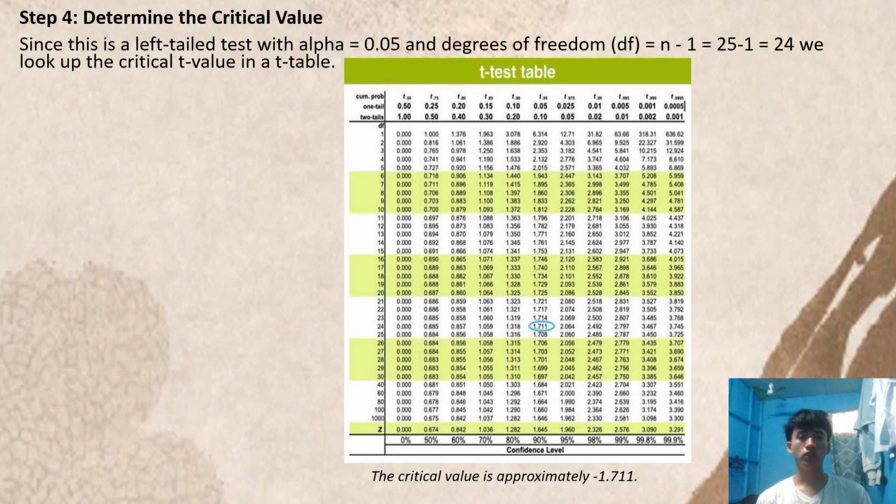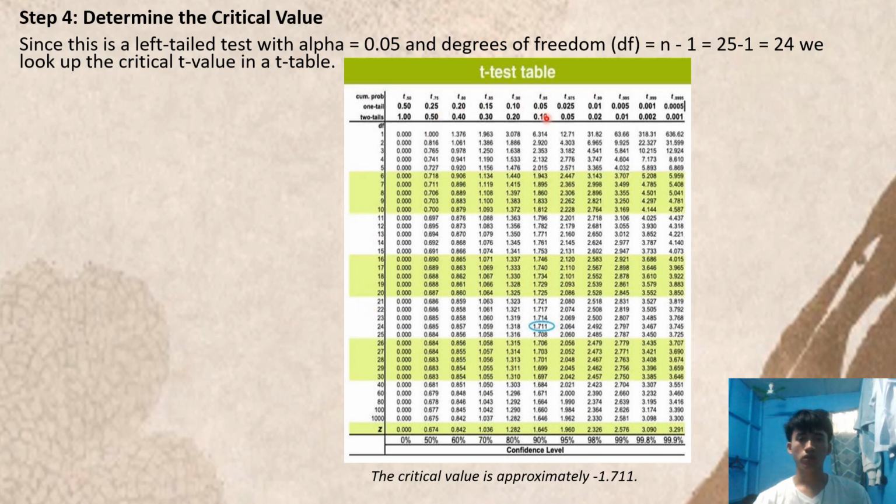Step 4. Determine the critical value. Since this is a left-tailed test with alpha equal to 0.05 and degrees of freedom equal to n minus 1, which is 25 minus 1 equal to 24, we look up the critical t-value in a t-table. In our t-table, as you can see, this is the area of alpha and this is the degrees of freedom.